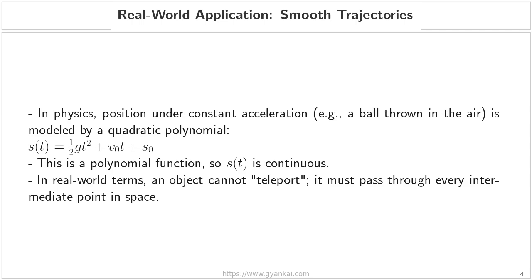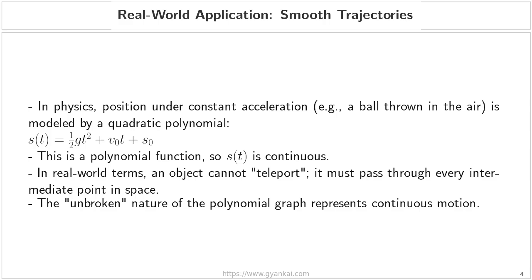It must pass through every single intermediate point in space as it moves. Therefore, the unbroken nature of the polynomial graph is not just a mathematical curiosity, but a direct representation of smooth, continuous motion. Having seen the theory and a real-world application, let us now move forward to a step-by-step example to see how to verify this continuity numerically.